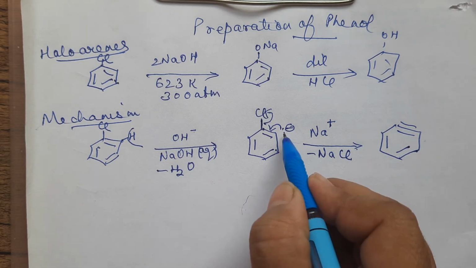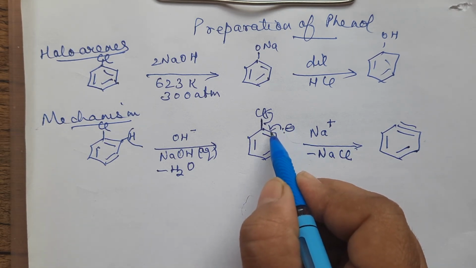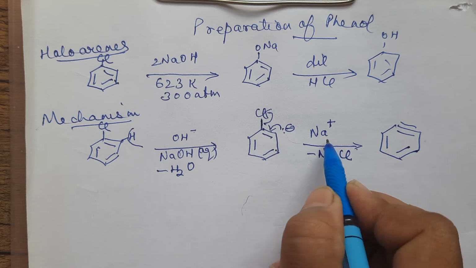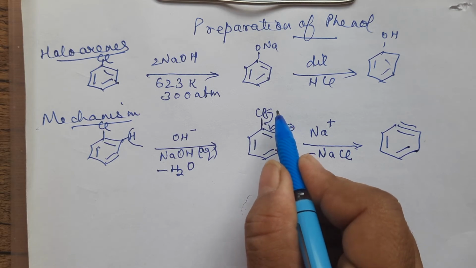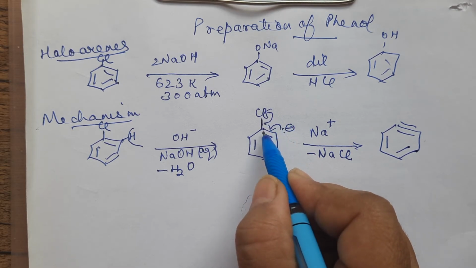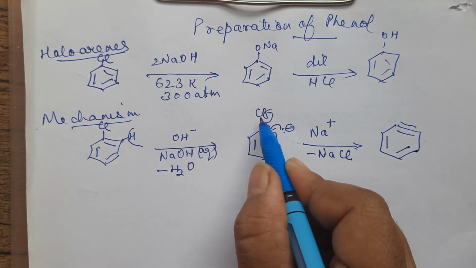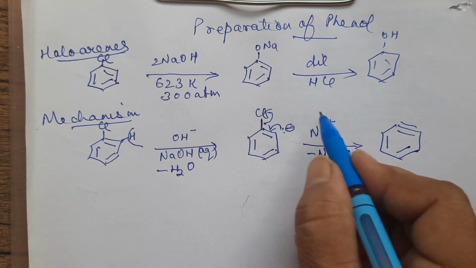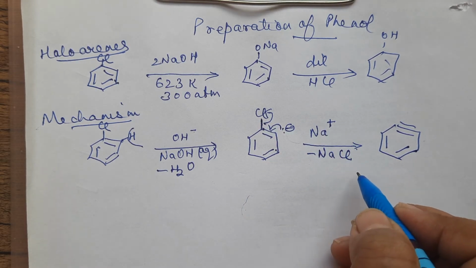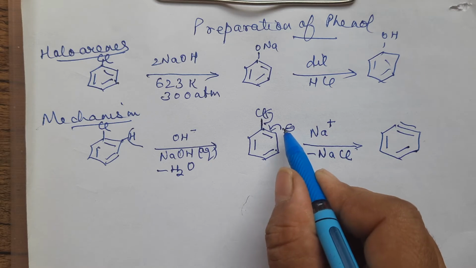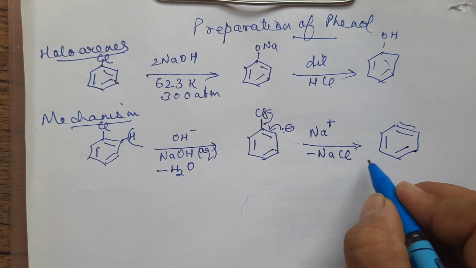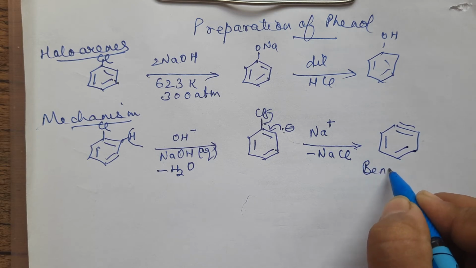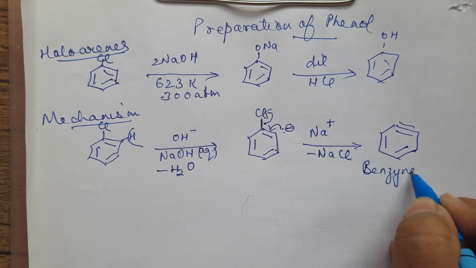So this negative charge will make a triple bond, because the Na plus which was attacking took the Cl from here. The bond between carbon and chlorine goes along with Cl as Cl minus. Cl minus and Na plus will form NaCl, and this electron will go in between. So an unstable species is formed, which is called benzyne.